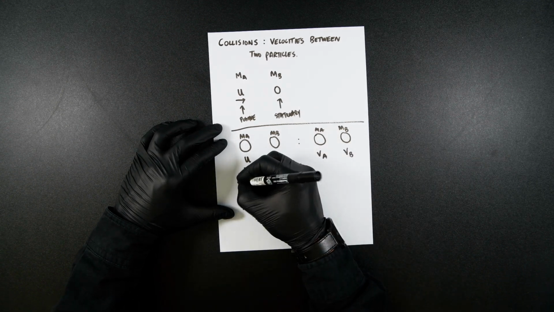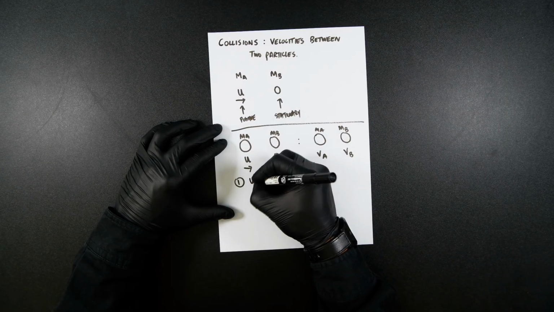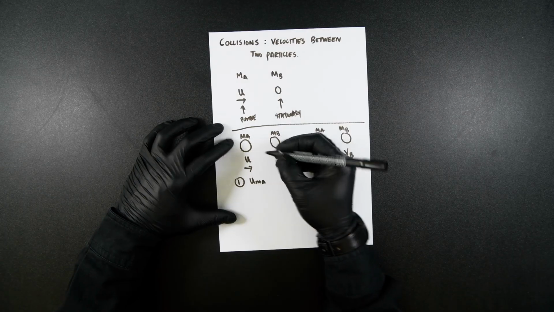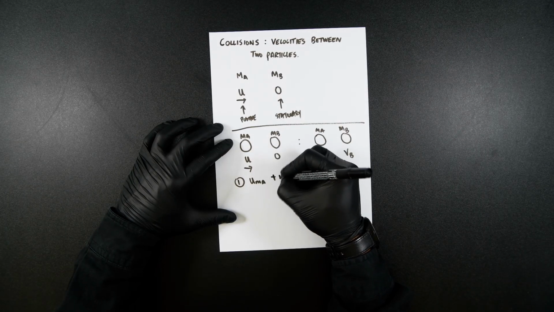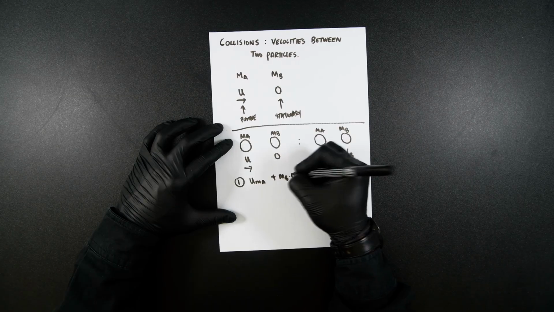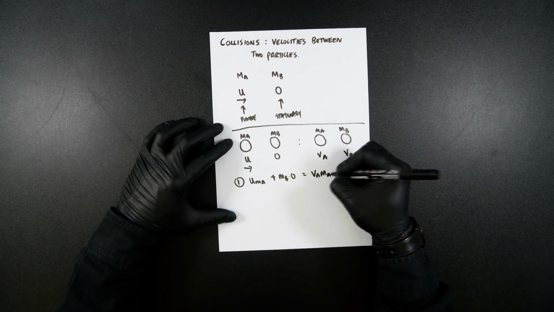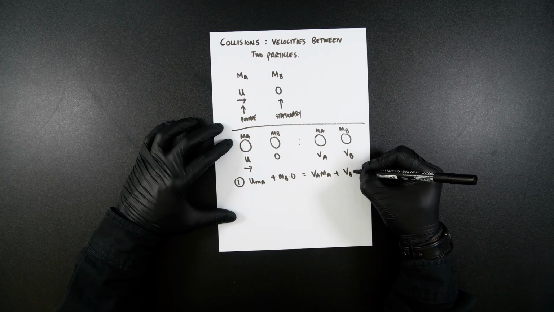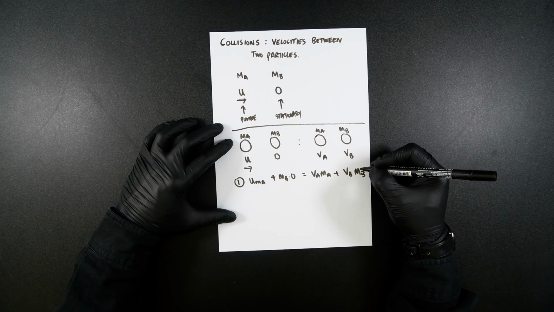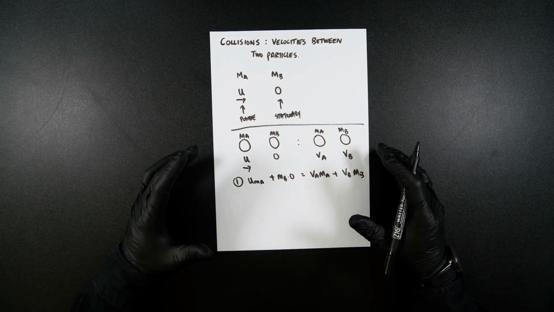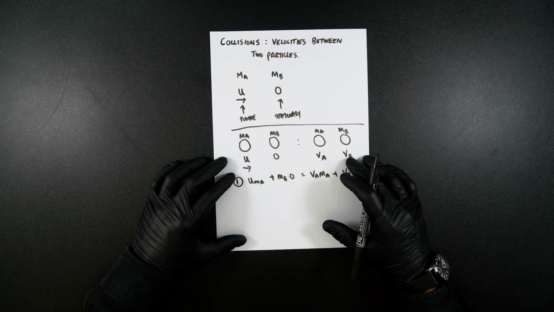So we can create one equation, which is U MA, so the velocity times the mass, plus MB times 0 is equal to VA MA plus VB MB. So we have this one equation, but it's not going to be enough for us to be able to calculate the velocities afterwards.